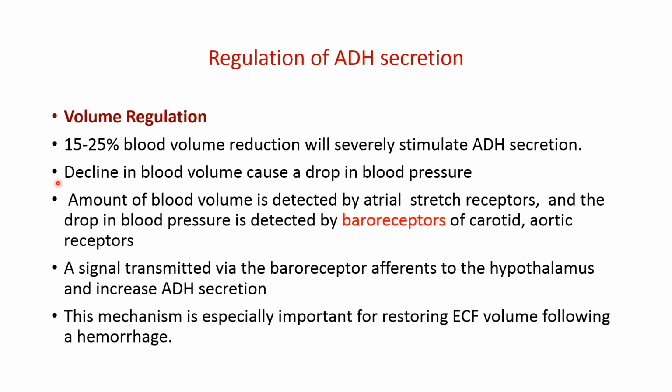Apparently, through these stretch receptors in the atrium or the baroreceptors, signals somehow reach the hypothalamus and induce the release of ADH. This is very important to maintain the blood volume in case of hemorrhage until we resuscitate the patient and give him some fluid to maintain his fluid balance.